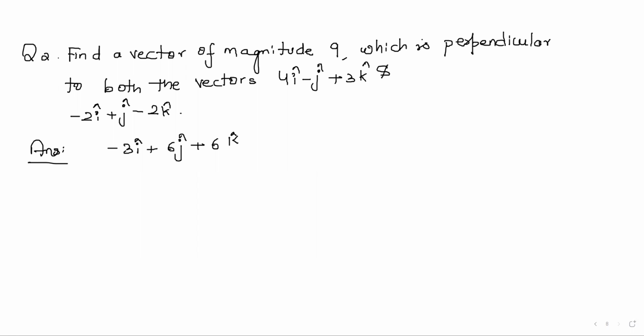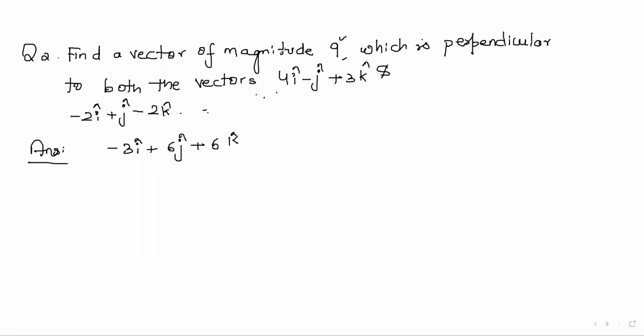Josefa, Nabil, and Saf, do you need a hint in this question? Yes. Okay, now please check here. You need to find a vector whose magnitude is 9, which is perpendicular to both these vectors. You already know how to find a unit vector which is perpendicular to both these. Nabil, what is the magnitude of a unit vector?